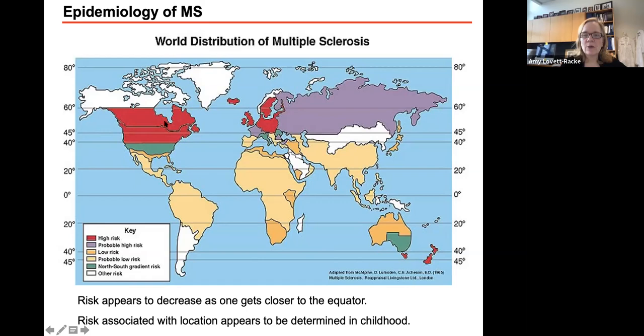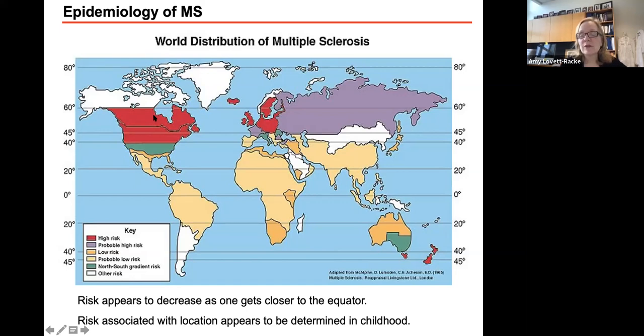But if you move as an adult, your risk is the same as from the region you came from. So this suggests that there's something to do with being at higher latitudes that may affect risk.